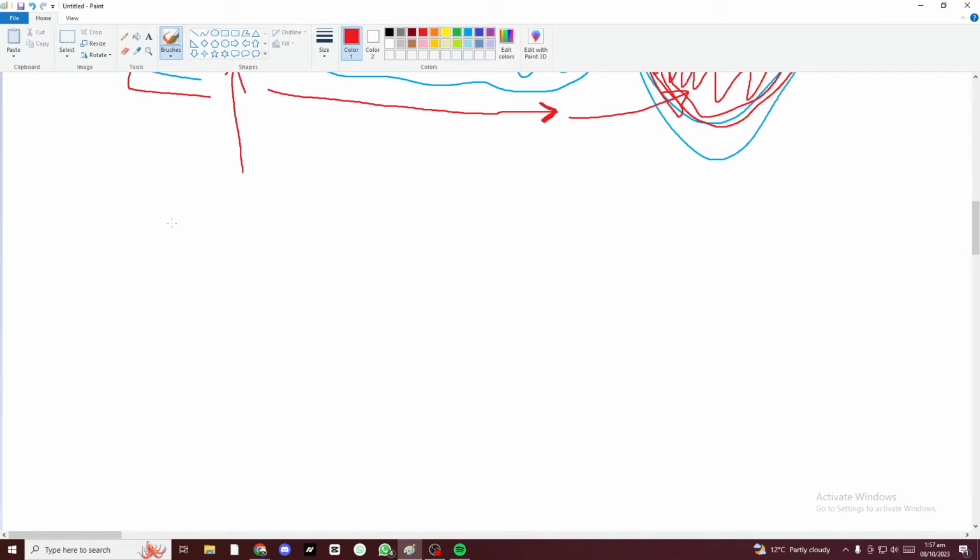Okay, now I'm going to move on to groundwater recharge and groundwater loss. So groundwater increase and groundwater decrease. On this side I'm going to have increase, this side decrease. It increases because of infiltration.